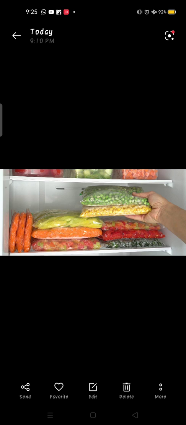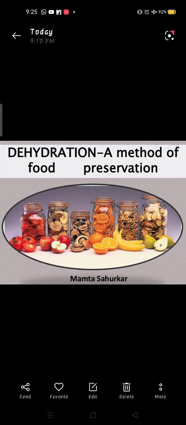Fruits, vegetables, meat and cooked food are kept at low temperature in the refrigerator or deep freezers to prevent them from spoiling. Low temperature prevents the spoilage of food by inhibiting the growth of microorganisms.